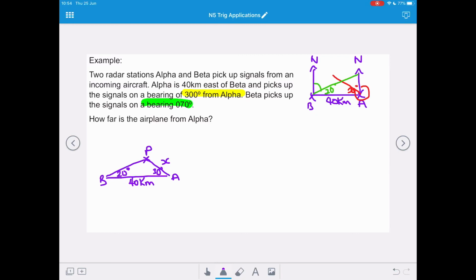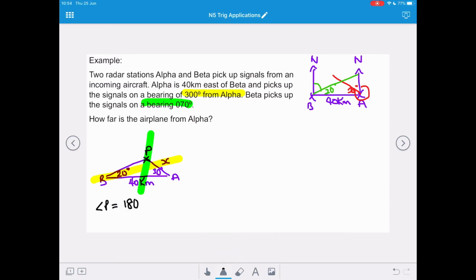Now to use the sine rule, we need the side opposite the angle. So our pairs of information are going to be X opposite our sine of 20 degrees, and we need the angle P opposite 40 kilometers. So we need to determine what the angle at P is.